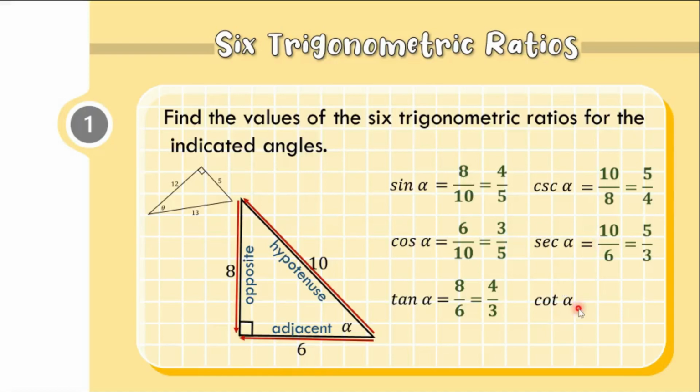And for cotangent alpha, which is equal to the reciprocal of tangent alpha, this one is equal to 6 over 8, which is equal to 3 over 4. And these are the 6 trigonometric ratios with respect to angle alpha here. So let us have example number 2.